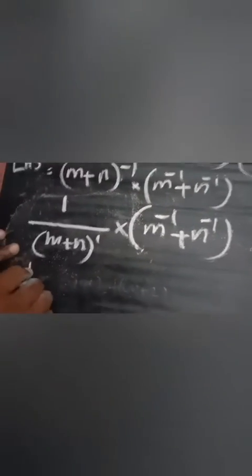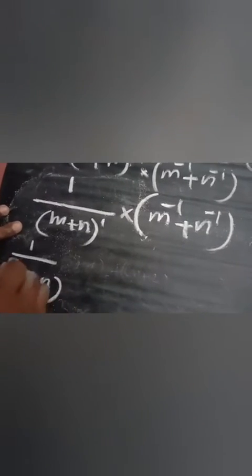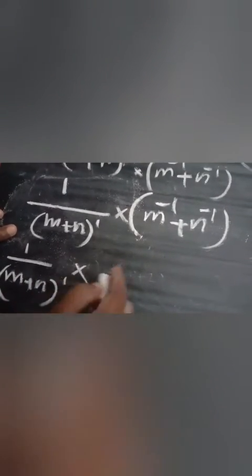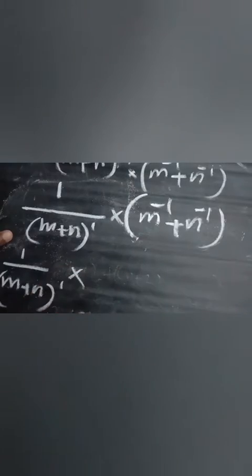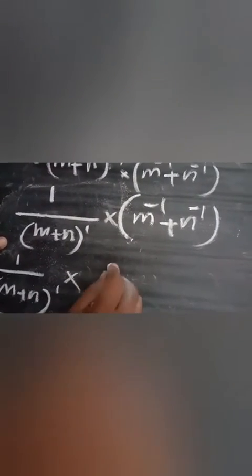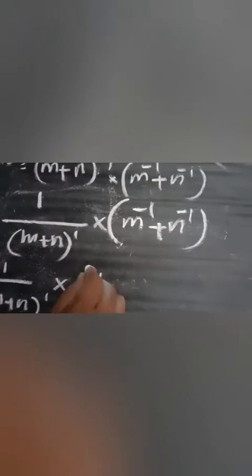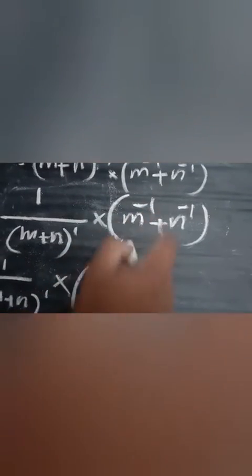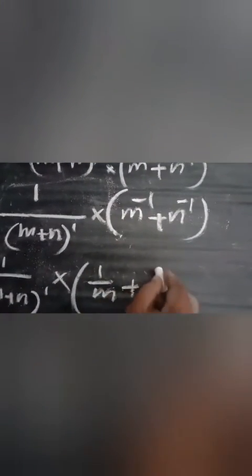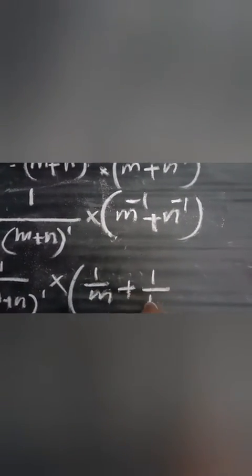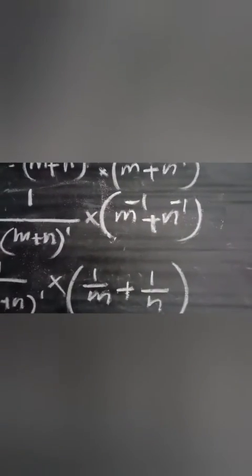So what to do? 1 by (m plus n) the whole raised to 1 into, see this one, m raised to minus 1 we can make a positive power. M raised to minus 1 can be written as 1 by m, and n raised to minus 1 as 1 by n. So 1 by m plus 1 by n.